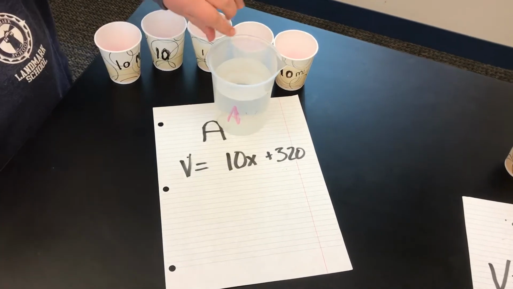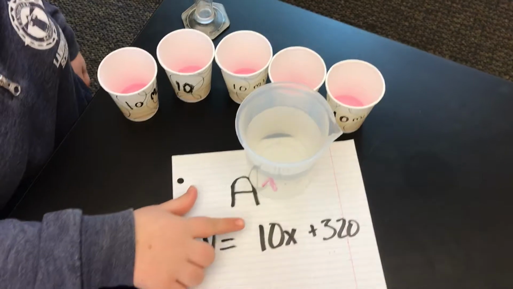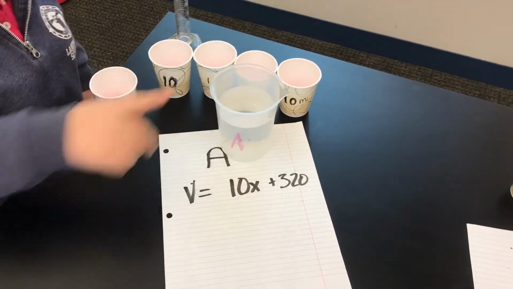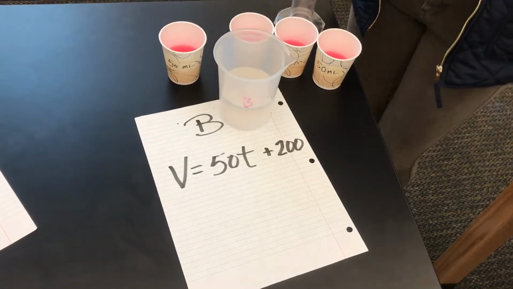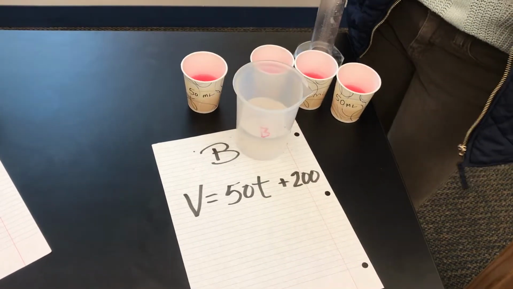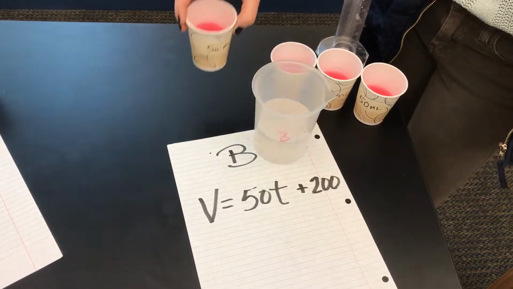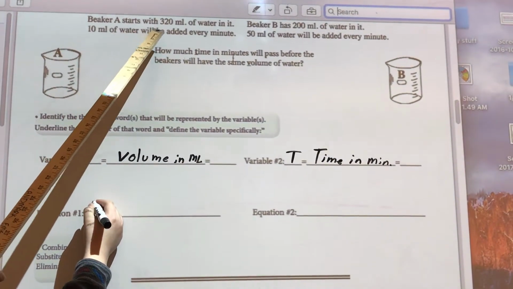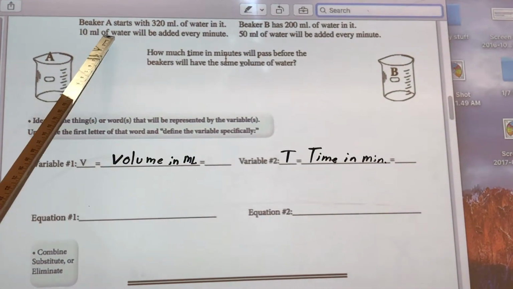So 320 milliliters is in beaker A. I'm going to be adding 10 milliliters of water into the big beaker every minute. For beaker B, we will start out at 200 milliliters and we'll be adding 50 milliliters to beaker B. We're going to write an equation for beaker A. It starts with 320 and it's going to change 10 milliliters every minute.